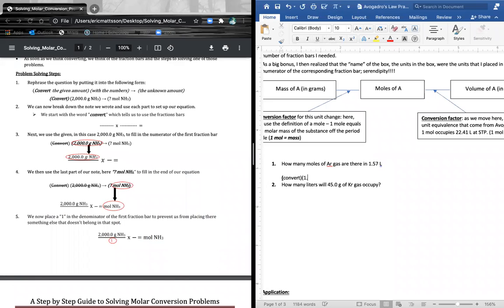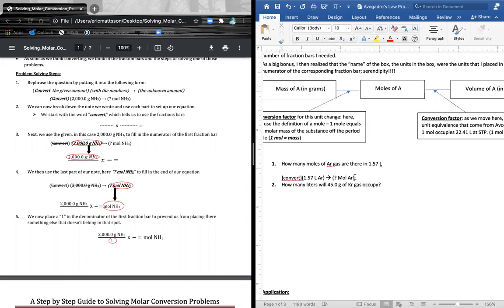Here I'm given 1.57 liters of argon gas. I don't want liters, I want to know how many moles. So I have question mark moles of argon gas that I need. All right, so there's step one.